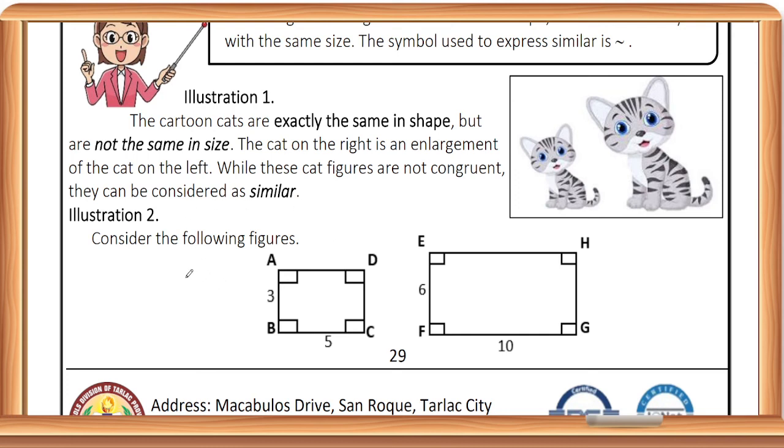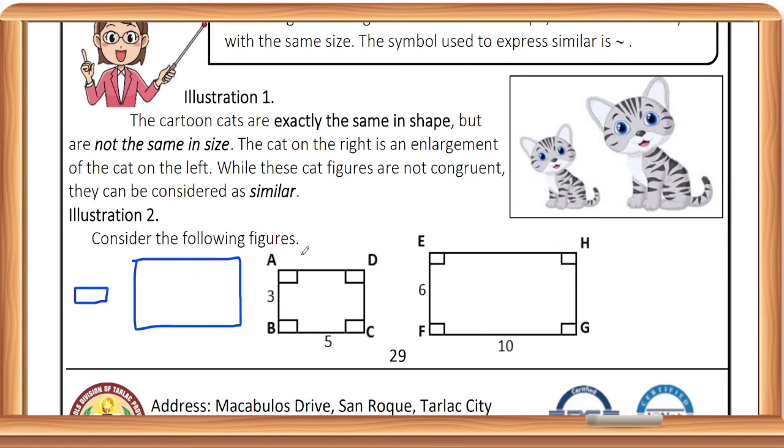Maaaring, oo nga, pareho silang rectangle. Like for example, this one, I'm going to make a rectangle. And then I'm going to make another rectangle. No? We cannot say that they are similar. It's because hindi pa natin alam kung ang corresponding sides nila are equal at the ratio of their corresponding sides.